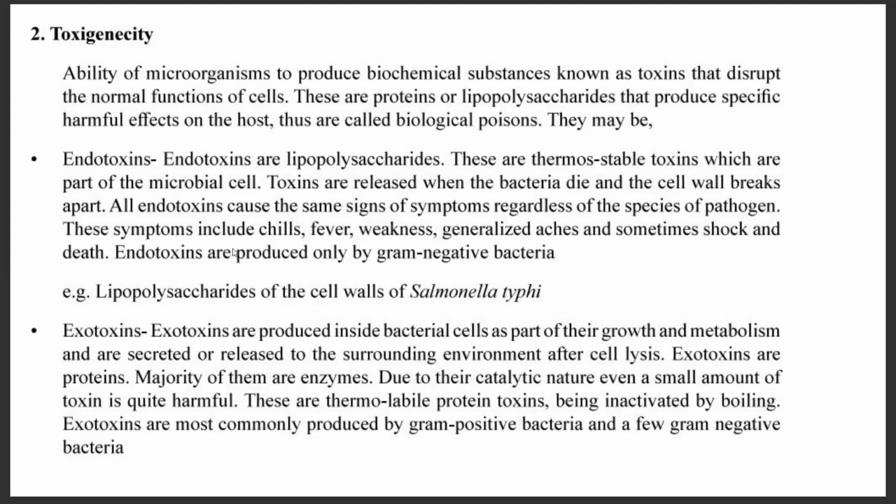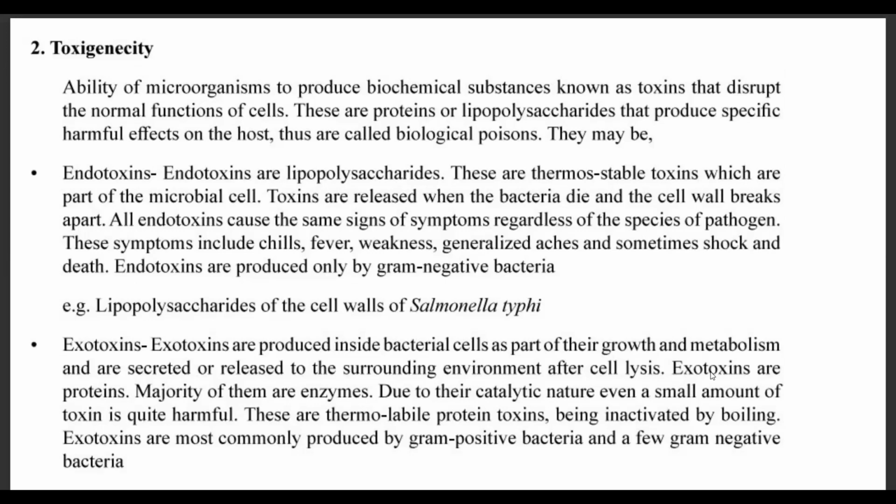Endotoxins are produced only by gram-negative bacteria. Example, lipopolysaccharides of the cell wall of Salmonella typhi. Then exotoxins. Exotoxins are produced inside bacterial cells as part of their growth and metabolism, and are secreted or released to the surrounding environment after cell lysis.